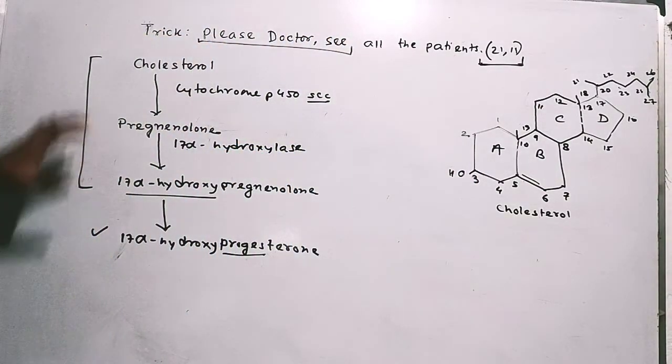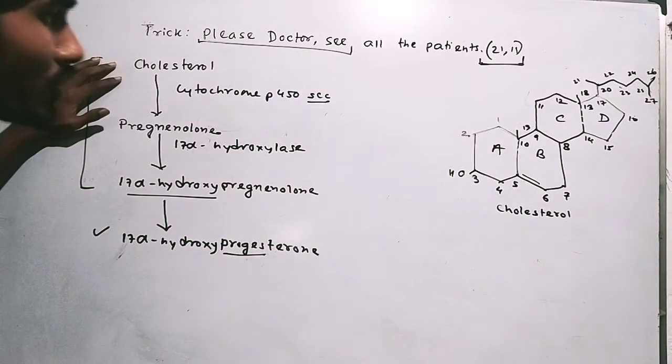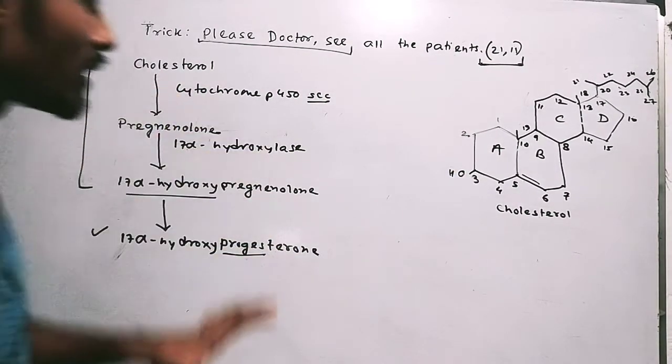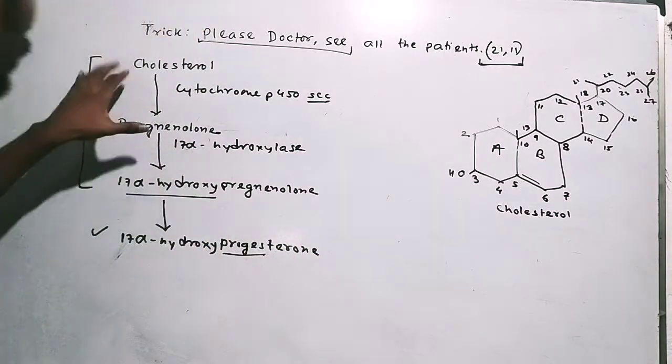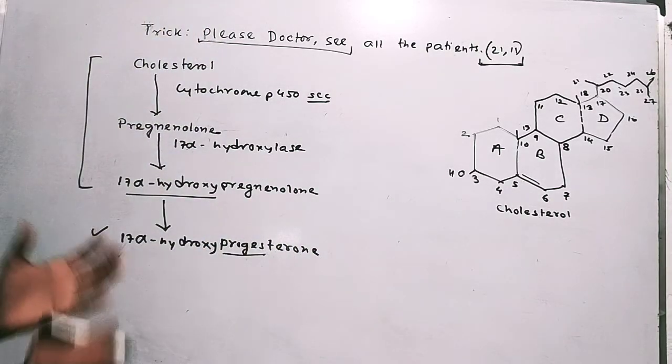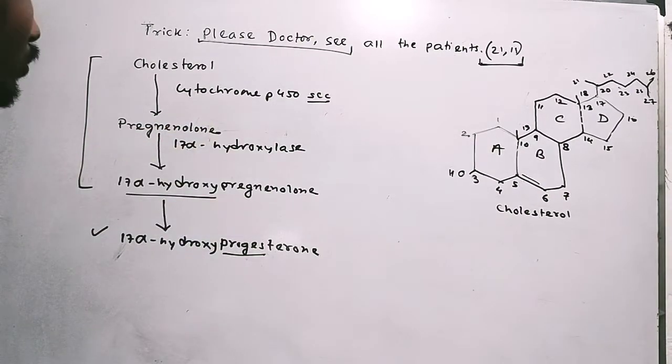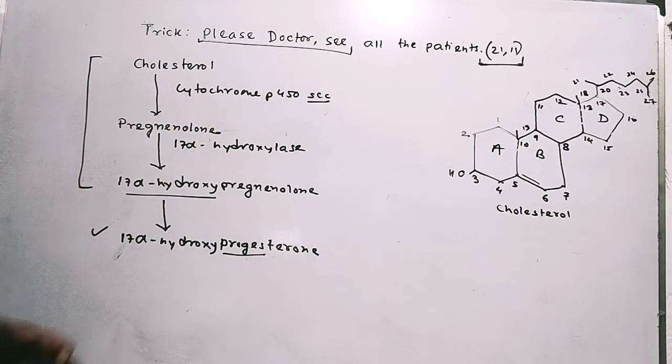First of all, cholesterol, the mother compound, is converted to pregnenolone. To convert cholesterol into pregnenolone, you need the enzyme cytochrome P450 SCC, also called the desmolase system.